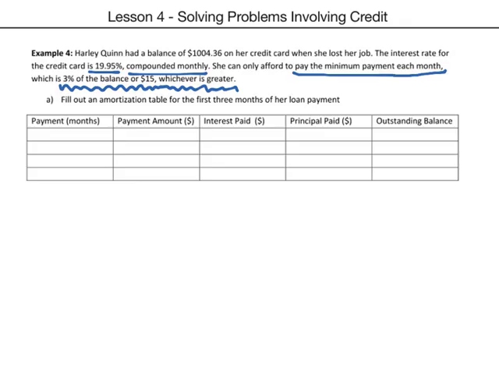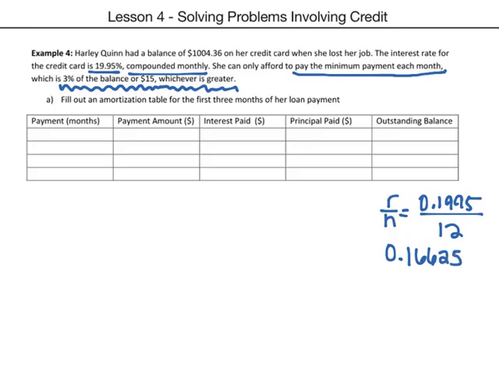So we're going to find some things first. First we're going to find R over N. Our rate is 0.1995, and our N is compounded monthly, which is 12, so this is 0.16625.